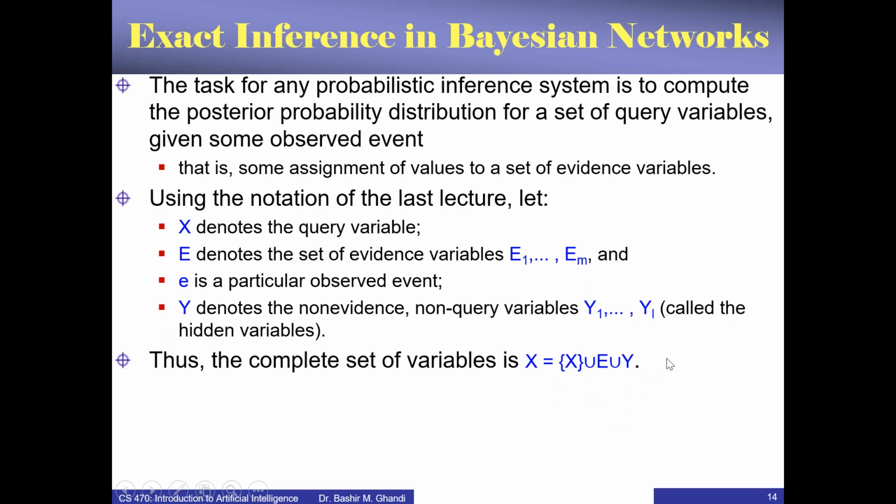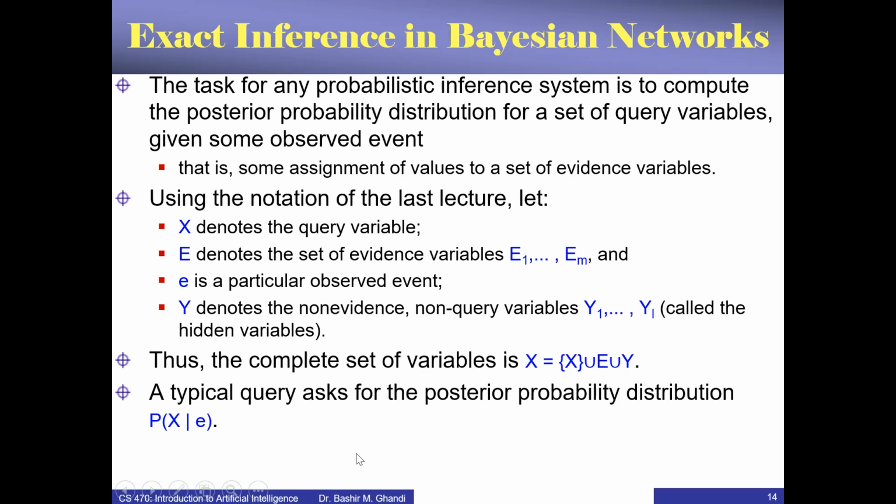If you take them all together, you will have the full set of random variables. And a typical query will ask for the posterior probability distribution. So what is the probability of the query variable given the observed values of the evidence variables E? This is what we would like to be able to answer.